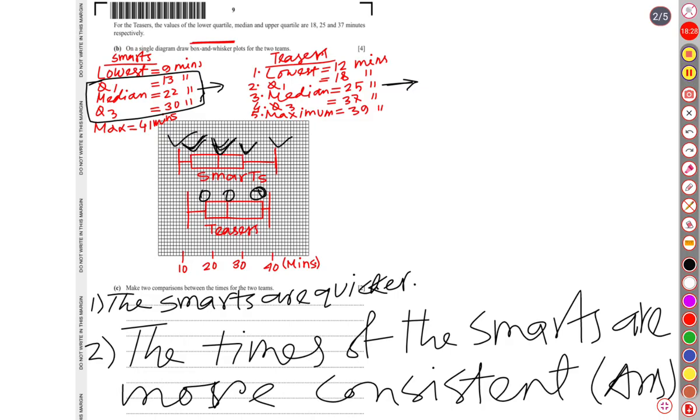So I think you have understood how to draw a box and whisker plot, and the comment is always about commenting on the box and whisker plot. Though this is not precise, if we are to write a comment, we will look at the median. If the median is closer to the left side, then that group is quicker.